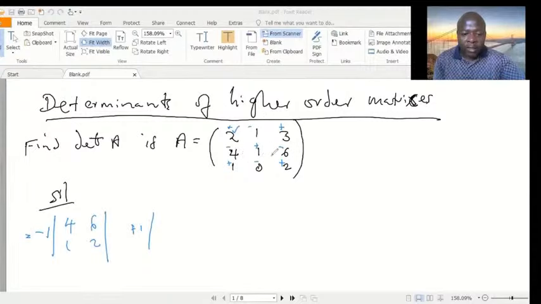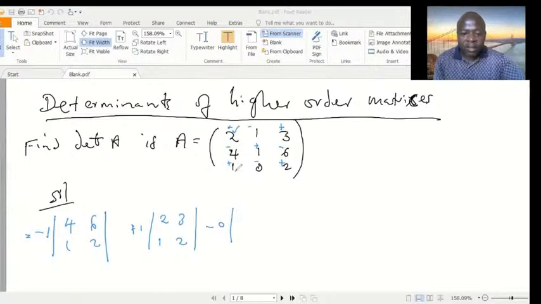When you delete the middle row and the middle column, what is left is 2, 3, 1, 2. Now this element is 0. It will be negative 0 multiplied by anything, and this thing will be 0.